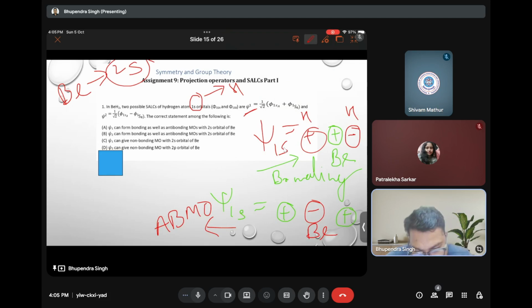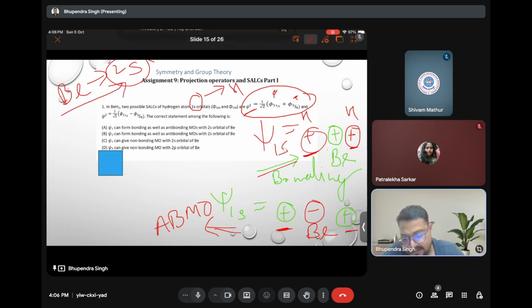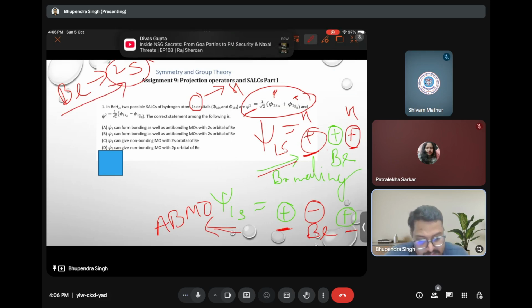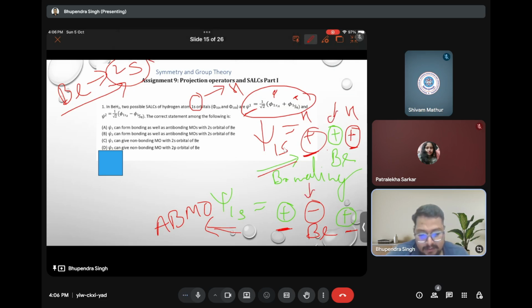I think I had taken plus here. This should be plus. Okay, now it is fine. So this is bonding, this is bonding, this is anti-bonding. If you look closely, I have taken this function, so it is plus and plus. If we introduce this Be 2s orbital, it can be positive or negative.